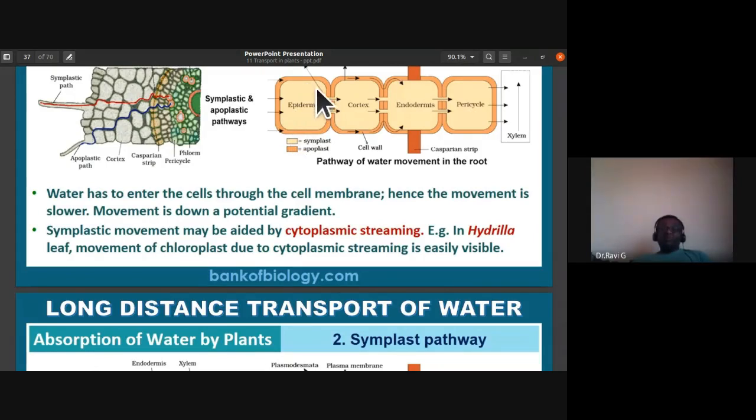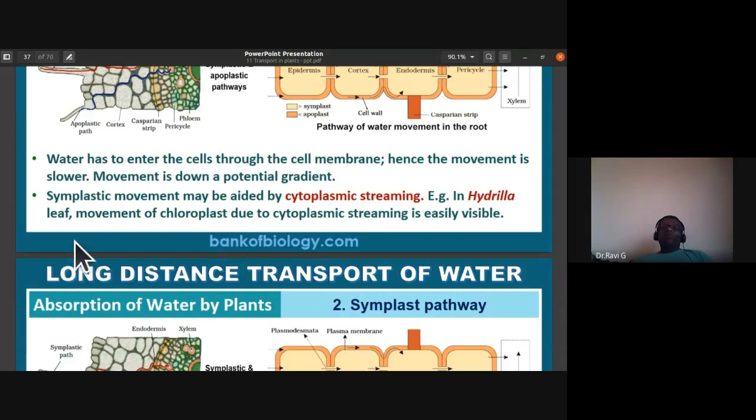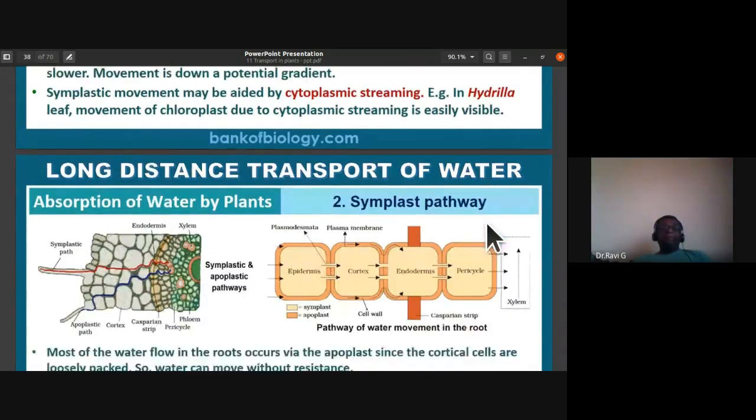This is nothing but cytoplasmic streaming, and it might also help in the symplastic movement of water. In the hydrilla leaf, the movement of chloroplasts due to cytoplasmic streaming is very much visible.